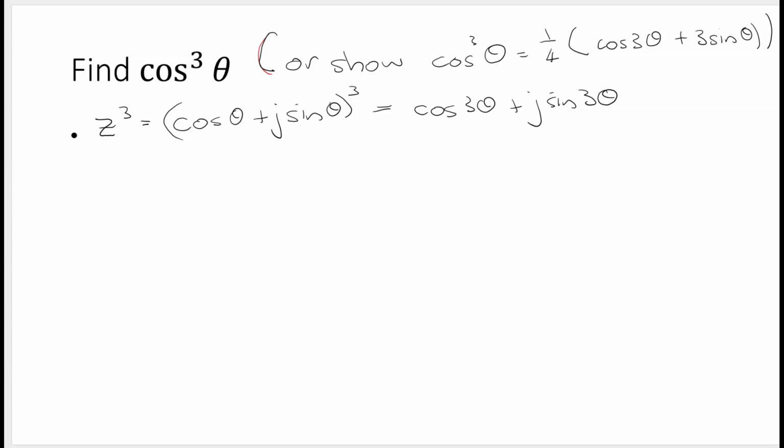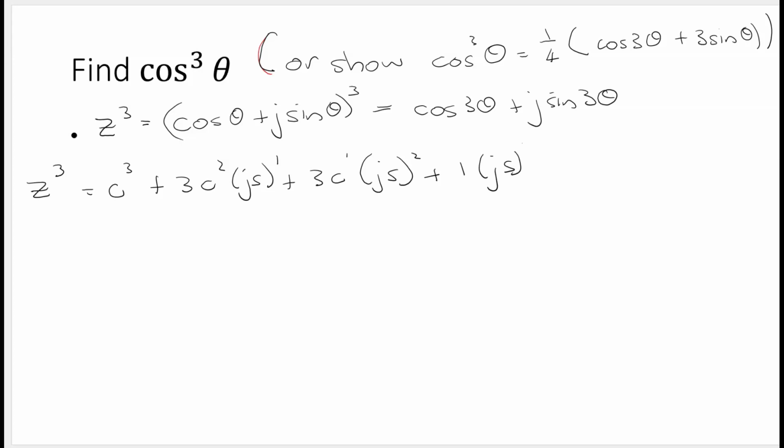So we're going to expand the left hand side, and again I'm going to use c for cos and so on. So that would be c cubed plus 3c squared js to the power of 1 plus 3c to the power of 1 if I need to write it in, js squared plus 1 times js to the power of 3.